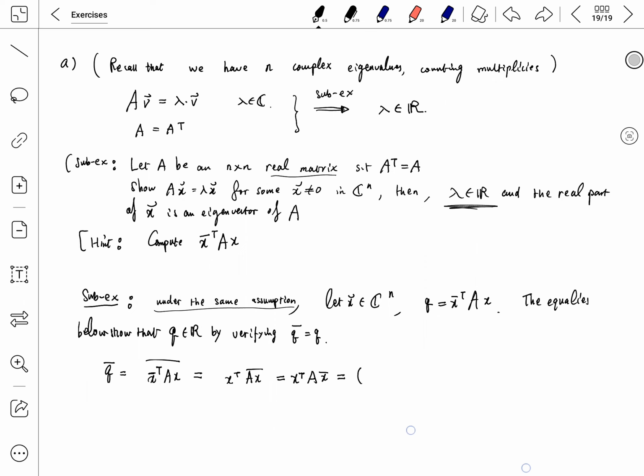Notice this is also the transpose of this.